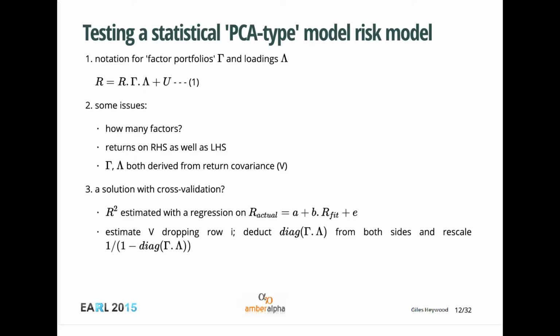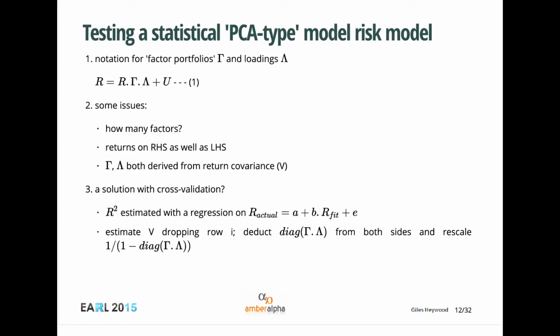So one of the ways we can approach this is with the wonderful machine learning approach of cross-validation, statistical learning, Hastie and Tibshirani, and do that regression and then drop one row at a time from the estimation of the variance. And also we can rearrange the equation to remove the asset from the right-hand side and shift it over onto the left-hand side.